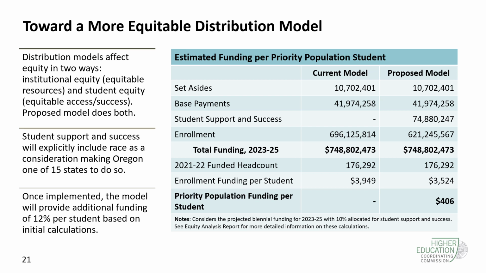So essentially the funding we provide for enrollment alone would drop, because we would be adding funding for the priority population students, and that's about $400 per student, which is roughly 10%. If you divide $406 by $3,524, you get 12%.